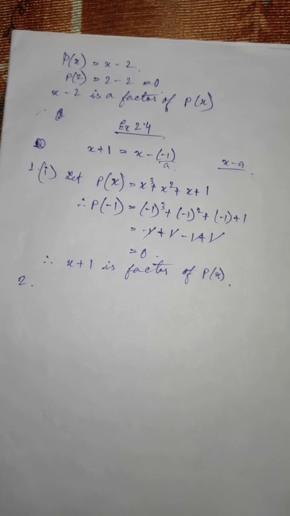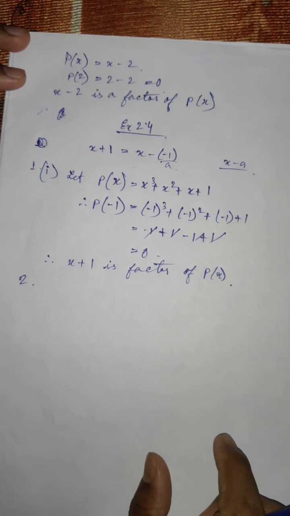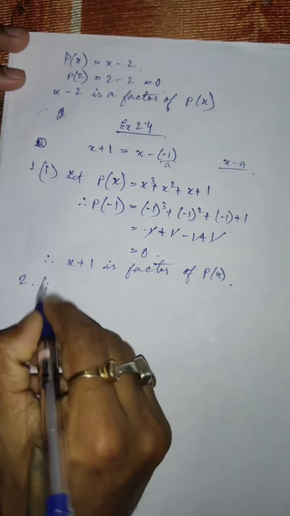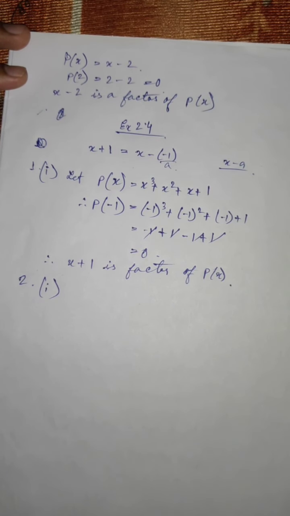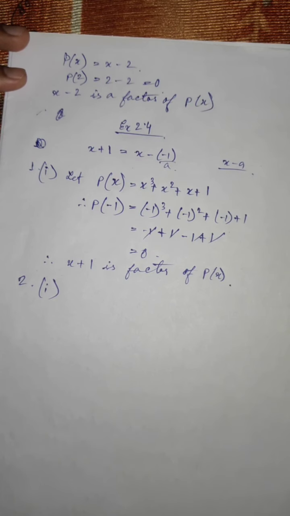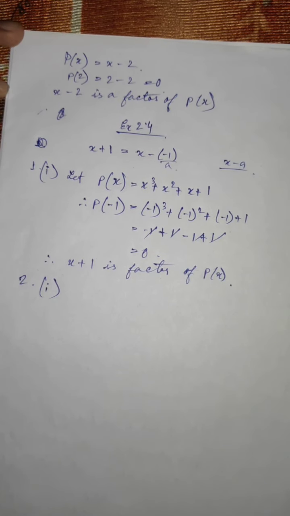Next is number 2. Use the factor theorem to determine whether g(x) is a factor of p(x) in each of the following cases. So there are two polynomials, p(x) equal to the first one and g(x) equal to the second. Similarly, you have to find whether g(x), the latter polynomial, is a factor of the former polynomial.